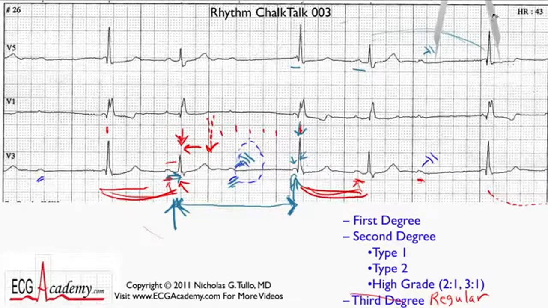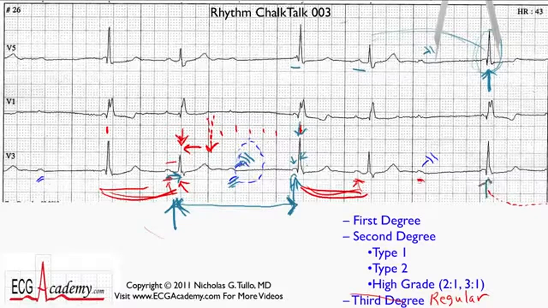Well, the answer is wrong there because this is one of the exceptions to the rule. Because this QRS complex here is, in fact, not conducted, it occurs earlier because the focus in the conduction system fired prematurely and allowed this beat to break the Wenckebach rule.